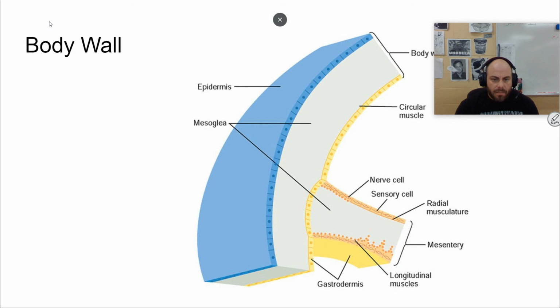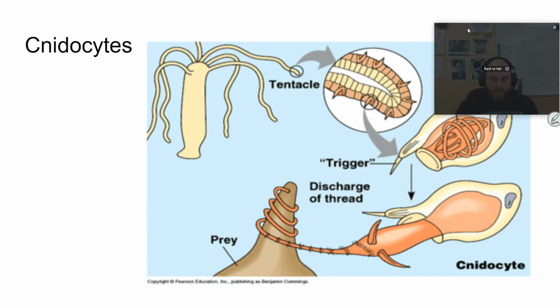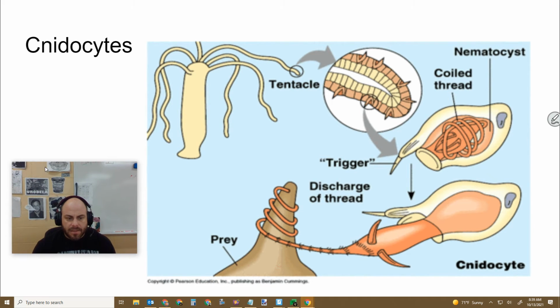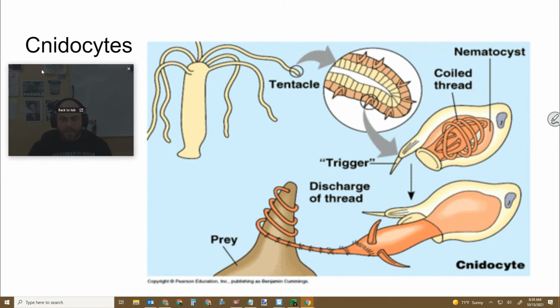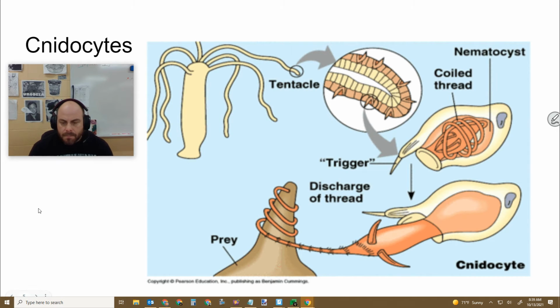So the cells that are the claim to fame for these animals are called cnidocytes, and cnidocytes are where their little stingers are. The cnidocyte is the cell that produces the structure called the nematocyst, and the nematocyst is actually the harpoon, so to speak, that will inject toxin into the prey.